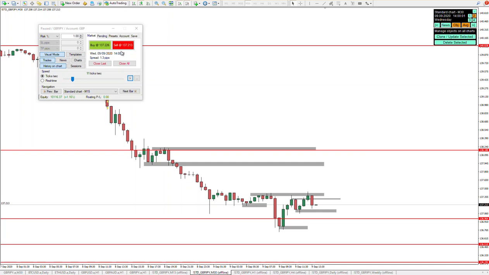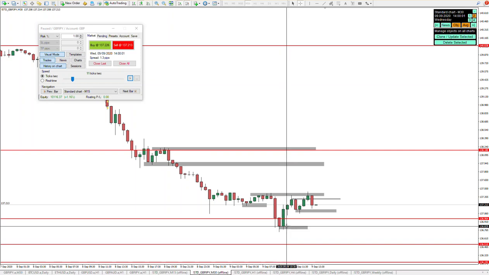We have to break out of this range to do either a sell or a buy. In fact, my day is done. This is like 4 hours, like 1 o'clock in the afternoon for me. Day is done. What happened is I could not take this buy.